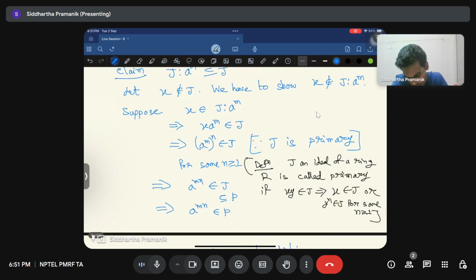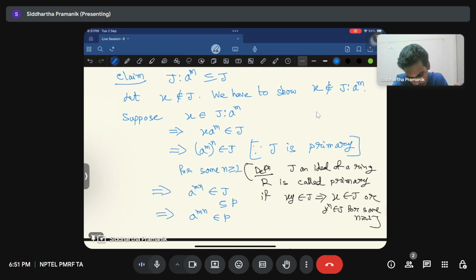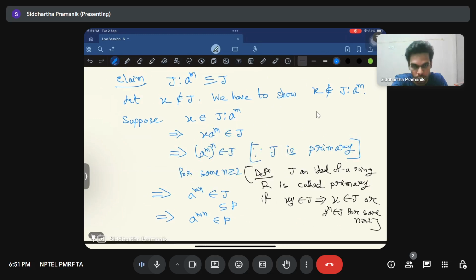So we have got a contradiction. That means what we have assumed is wrong. We had assumed that x is in J colon a power m.